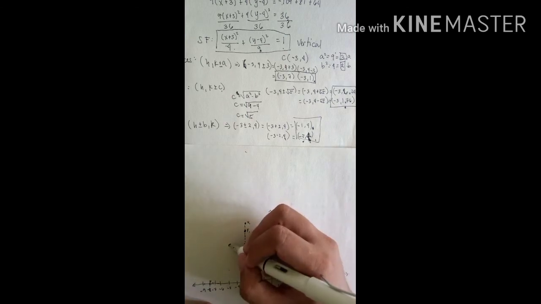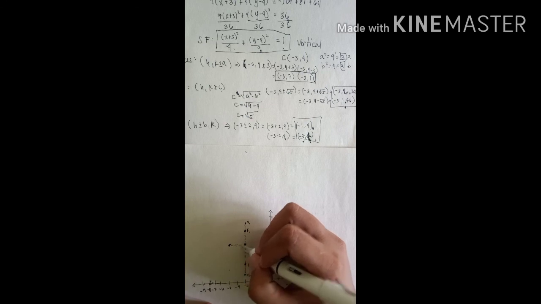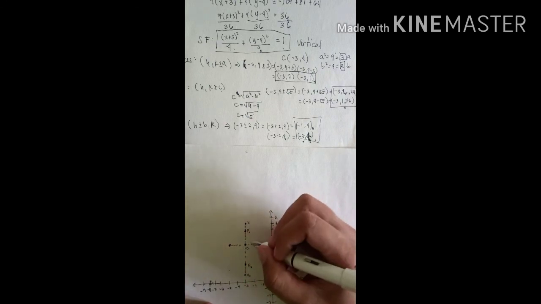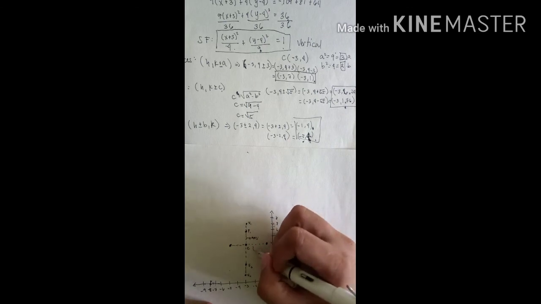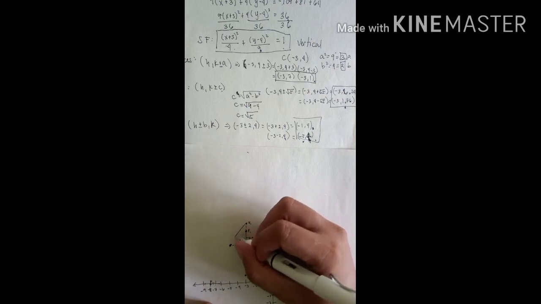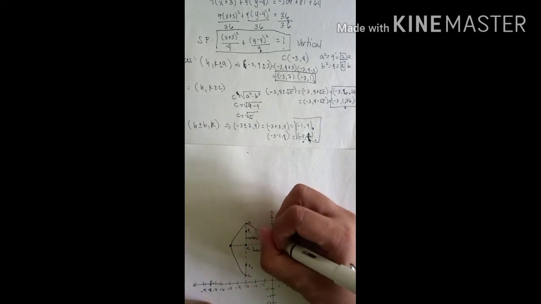So, dito, this is our minor axis. This is our major axis. Okay, so graph natin.